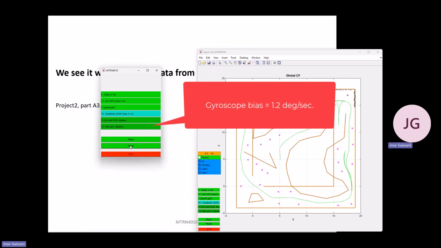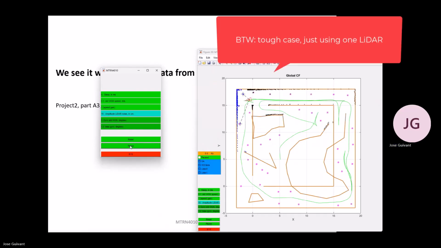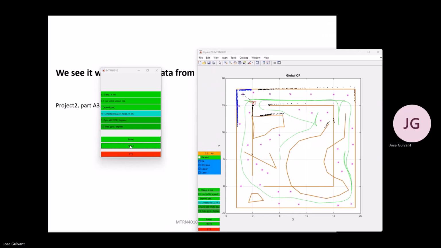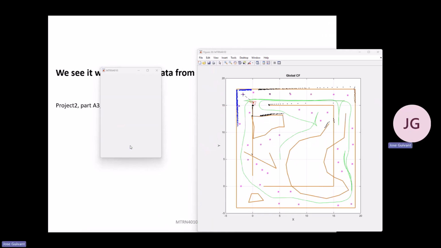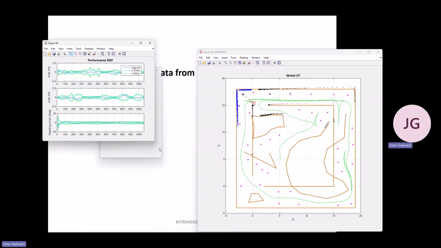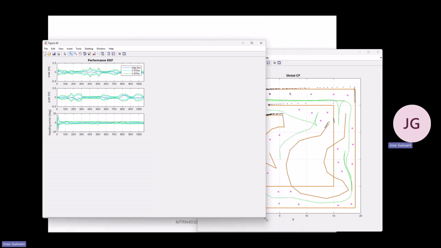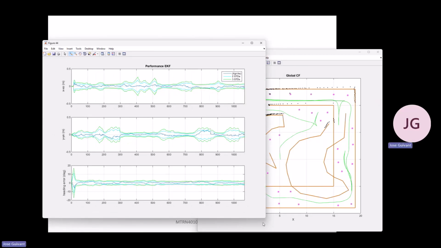It's estimating the bias, and it's plotting here. Producing the outputs, certain other figures that are not there. Here are the ones where we had the discrepancy or consistency plot for X, Y, and phi.